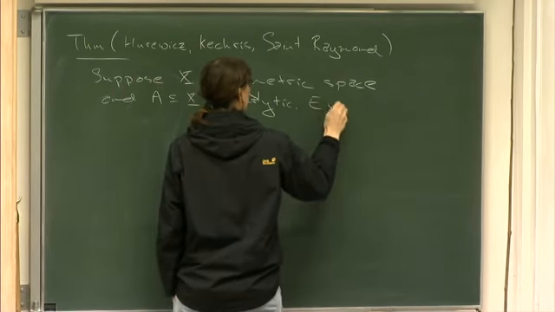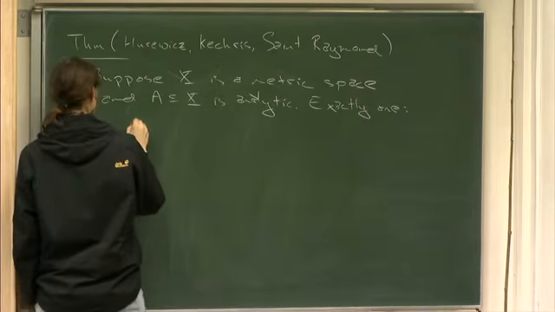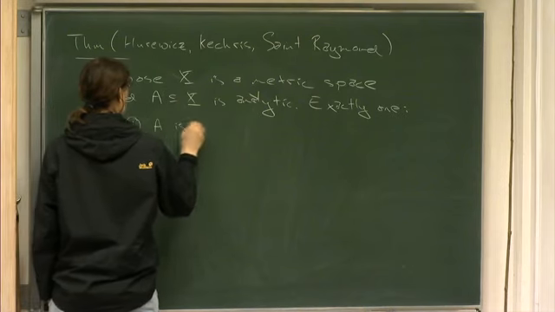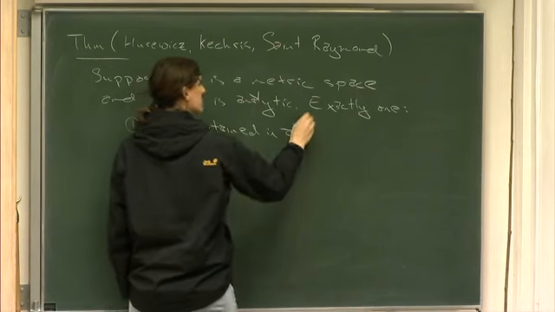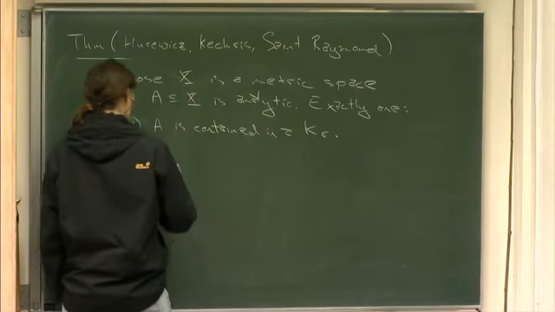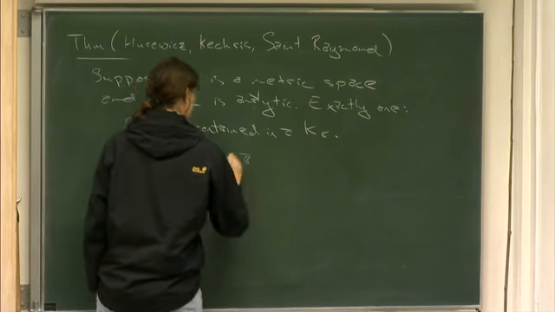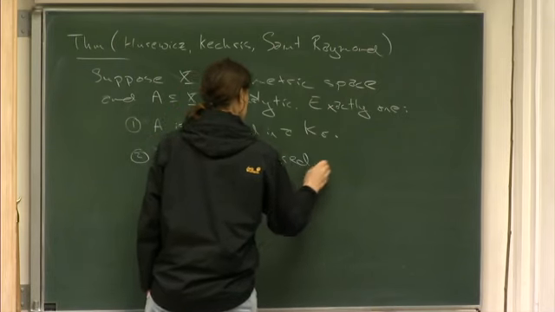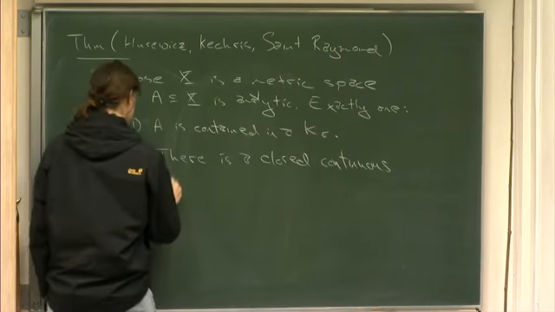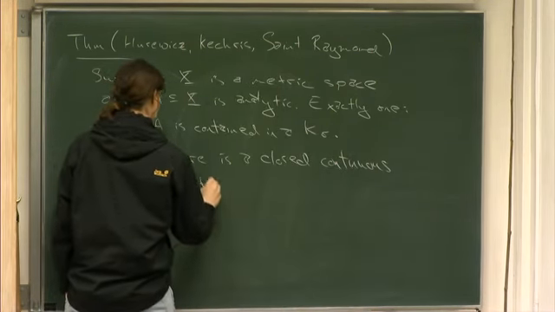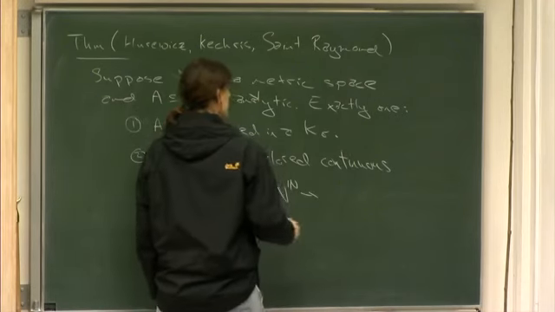Then again, exactly one of the following holds. Either A is contained in a K sigma set, that is a countable union of compact sets, or there is a closed continuous injection pi from Baire space to A.